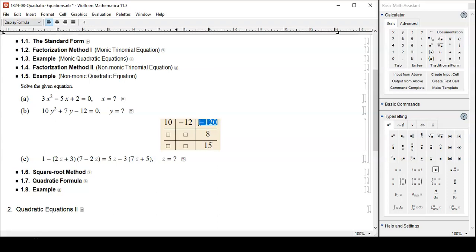We need -120, so we need two opposite signs. One should be positive, one should be negative. Which is it? We need -8 and +15 so that they add up to +7. Everything fits?